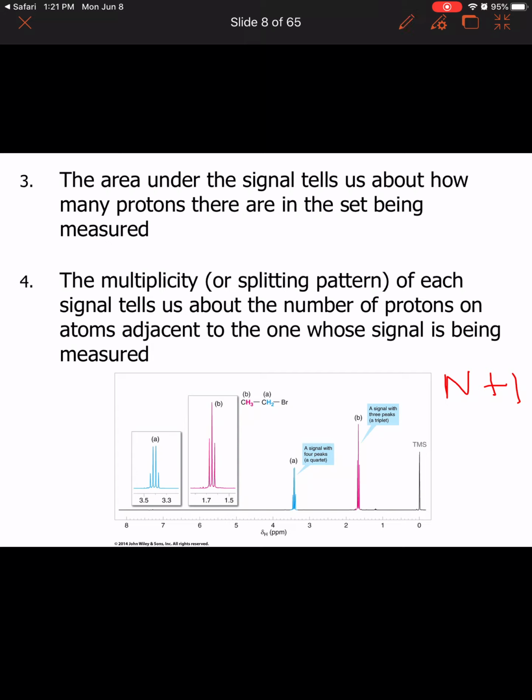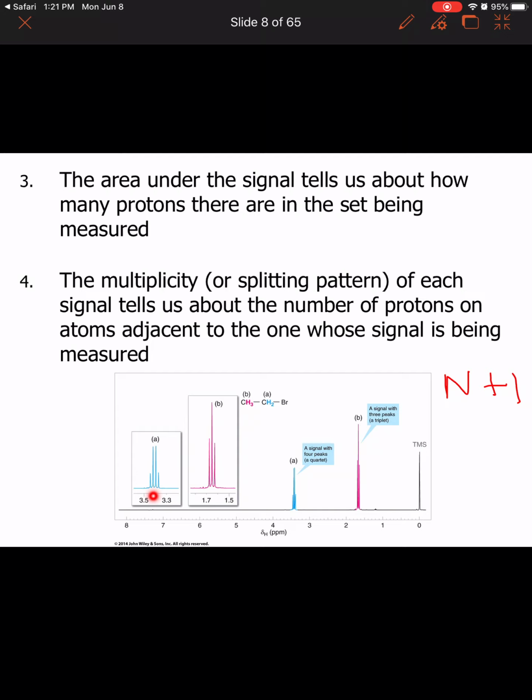Okay, now let's see. In your signal A, the A hydrogens, there are 2 hydrogens. These 2 hydrogens are going to be split by the 3 hydrogens on B. It's going to split N plus 1, where N is the number of hydrogens, 3. So 3 plus 1, 4. So the blue signal is going to split into 4 little peaks.